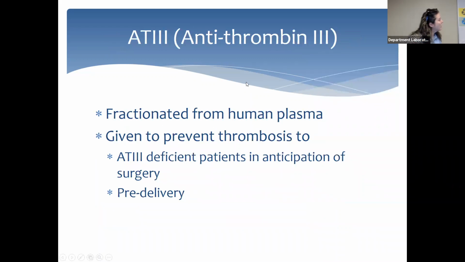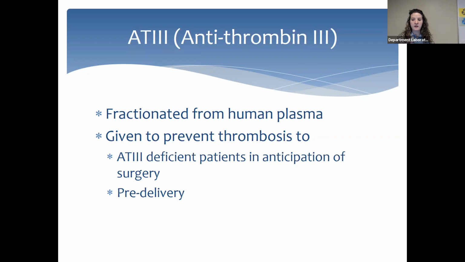Okay, there's another concentrate, and you guys remember this is also related to coag, antithrombin 3. Remember, taking it back to coag, antithrombin is necessary in order for heparin to work to stop the coagulation cascade, right? It inactivates factor 10, right?